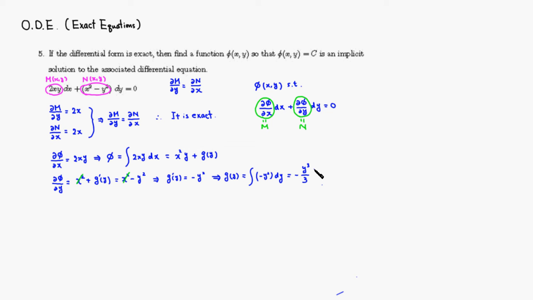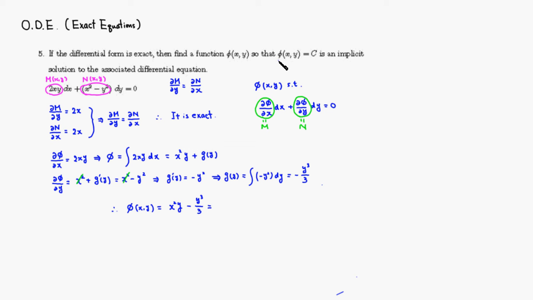You can put plus some constant, but in this case it's not going to really matter. So therefore we found phi of x comma y, which is equal to x squared y plus g of y, which we just found to be negative y cubed over 3, and this is equal to some constant.